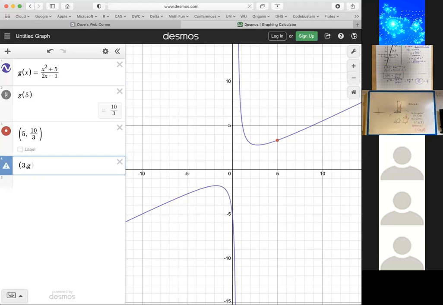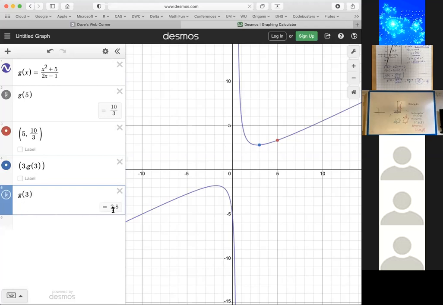Let's type g of 3. Desmos puts a blue dot right there at 3 and 2.8. What does g do to 3? Turns it into 2.8. Would you rather have a fraction? 14/5.